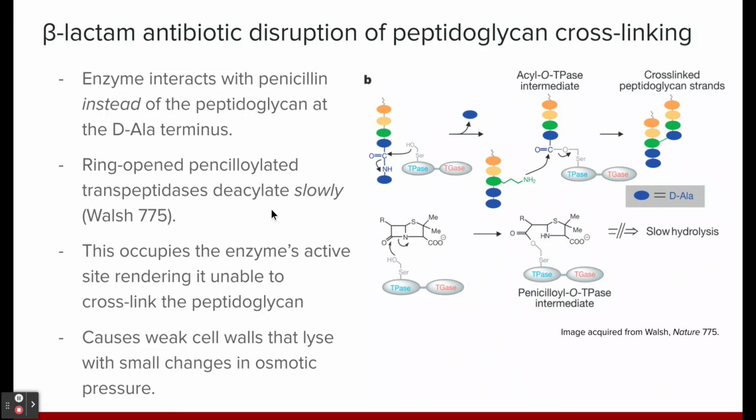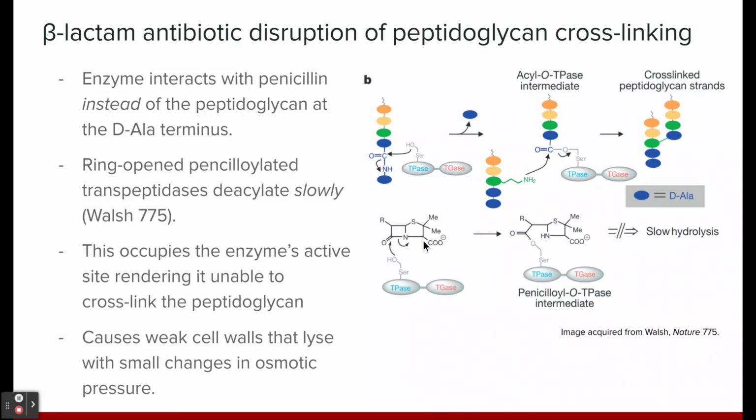But in the presence of penicillin, this molecule here, which mimics this terminus very closely, the transpeptidase enzyme interacts here instead of with the peptidoglycan.